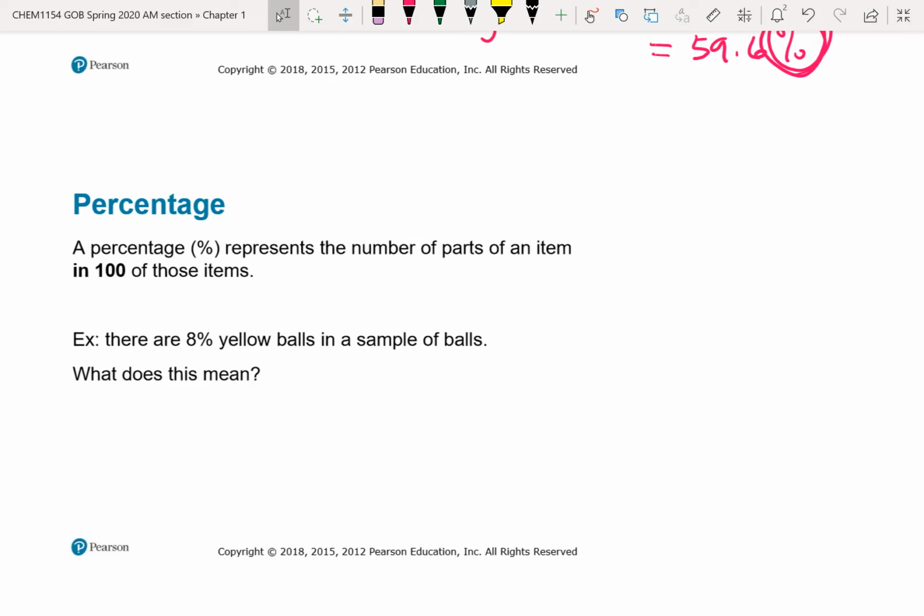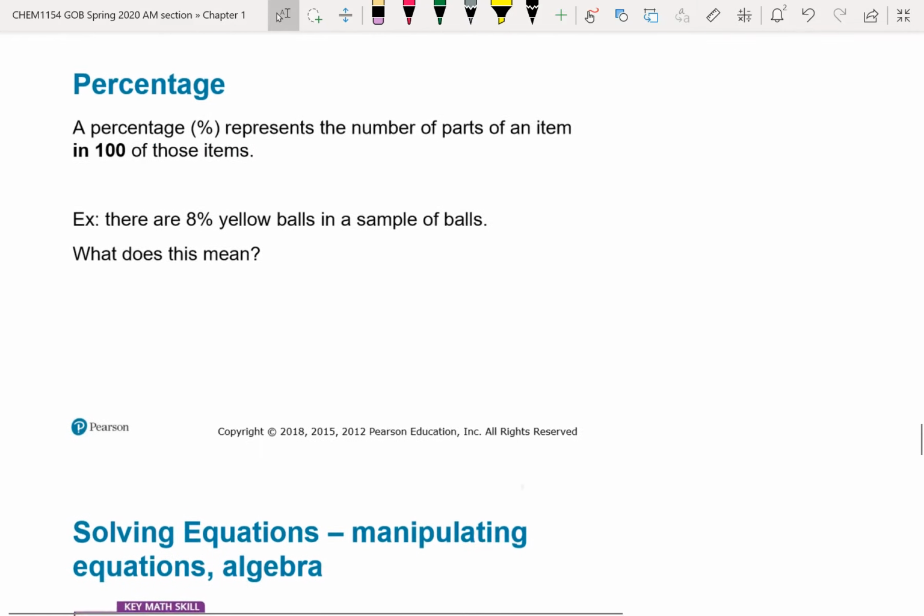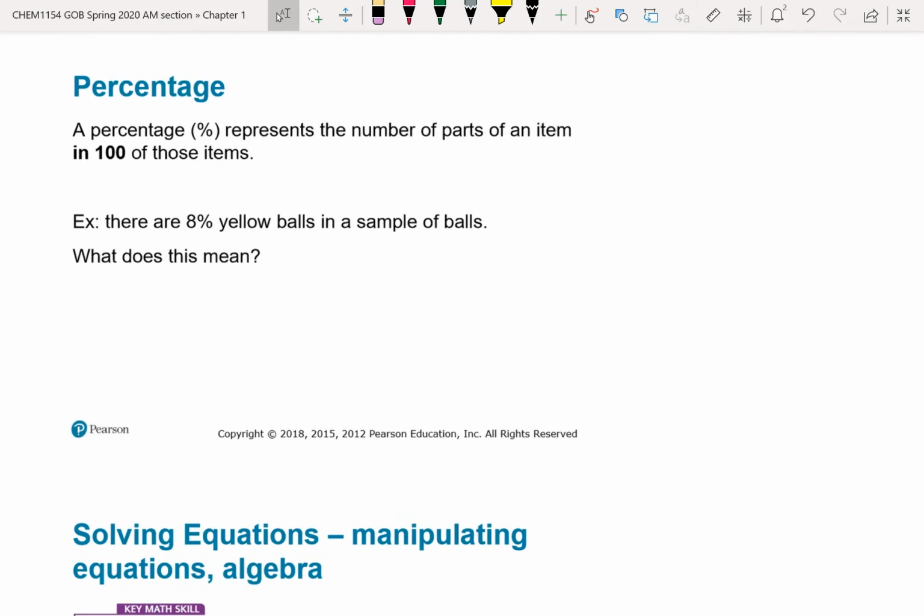Because the percentage is always out of 100, we can also go in a slightly different way in terms of how we interpret that information.